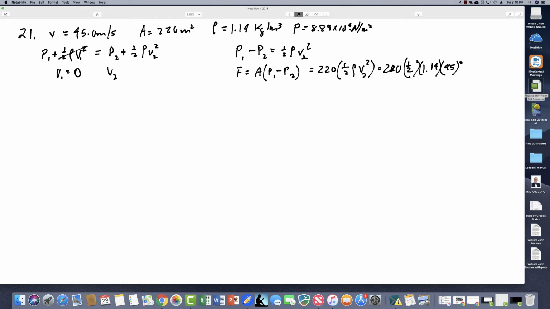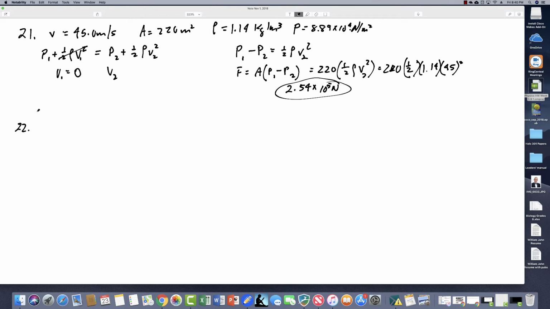And if you multiply that out, it's going to be 2.54 times 10 to the fifth newtons. So that's the force on the roof.